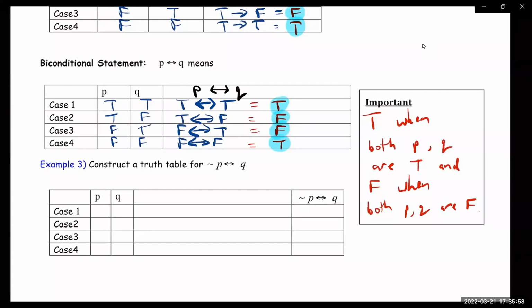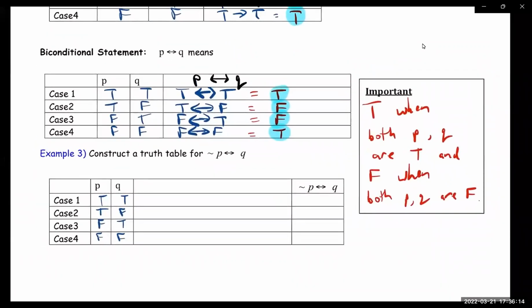All right, let's try this next one. Here we go. T, T, T, F, F, T, F, F. So let's look at this one. Let's first negate P. If you negate P, you get F, right? So that's a false. And then you have the double-sided arrow.